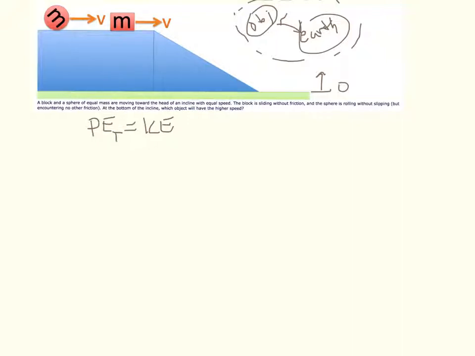The potential energy is mgh. The total kinetic energy is 1/2 mv squared for the linear portion and 1/2 I omega squared for the rotational portion. The block won't have the I omega squared piece, but for the sake of working this out, let's keep it there for the moment and see how that plays out.